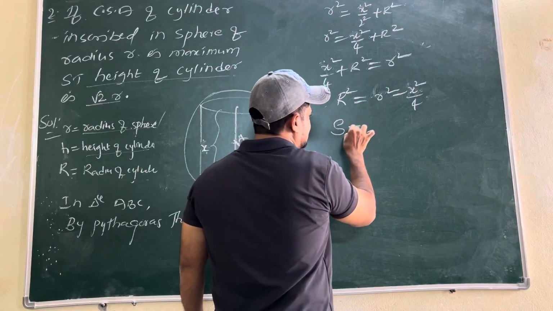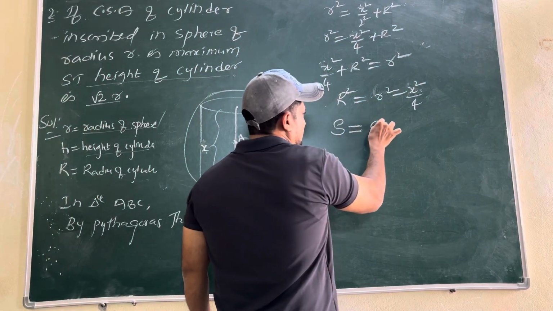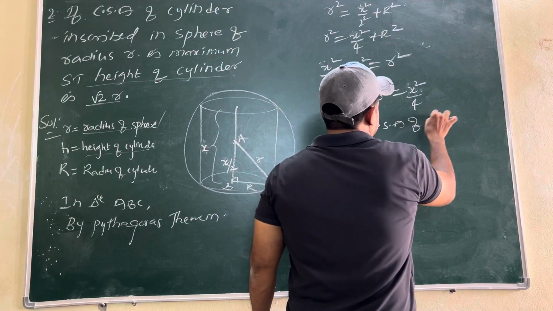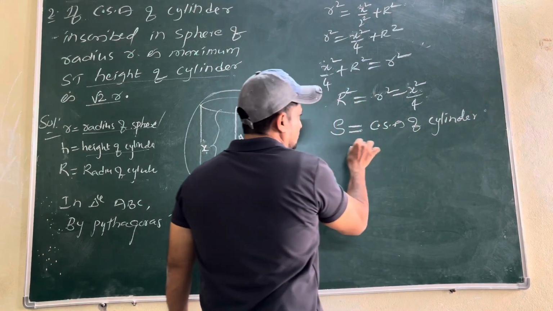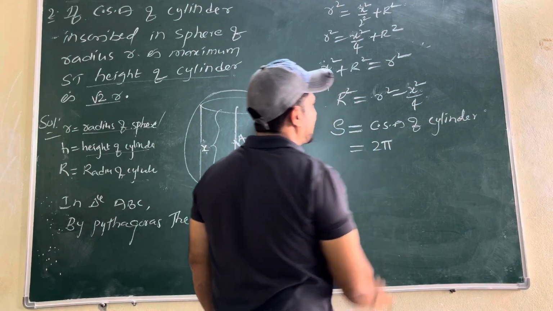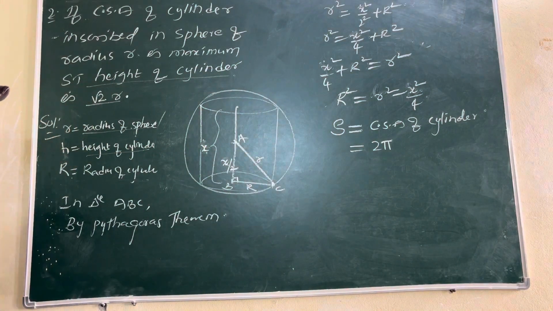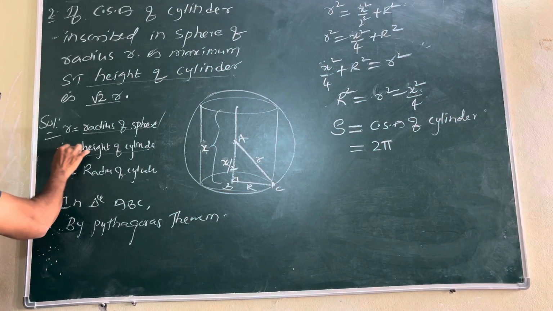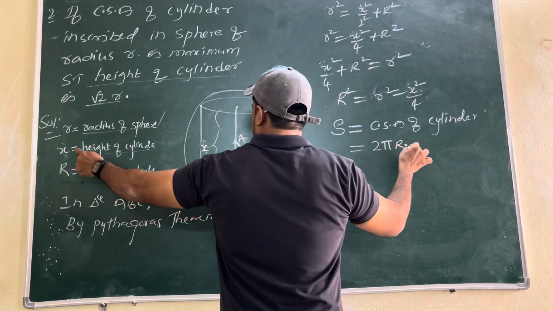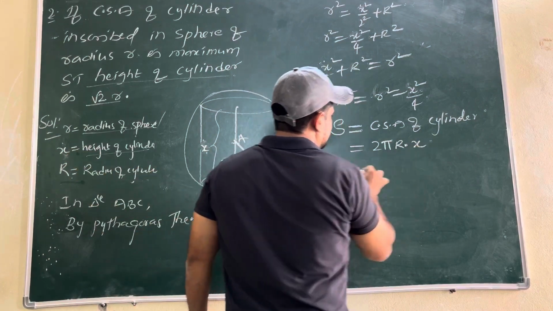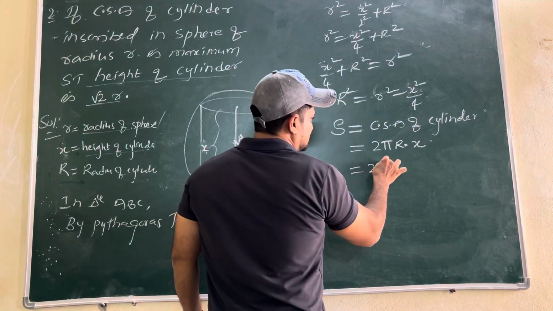Previously f of x. Now we are taking s equals CSA of cylinder. To avoid that root we have to take this one, 2 pi RH. What is the value of R of the cylinder? h is anyhow converted to x. R of cylinder is capital R, h of cylinder is x. Now this is 2 pi.